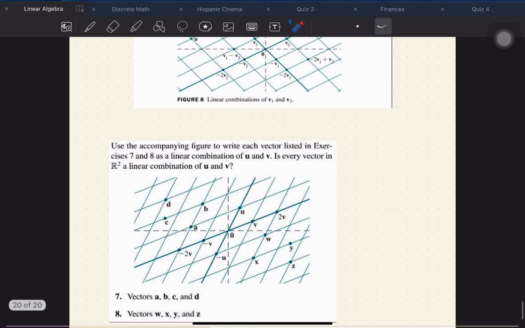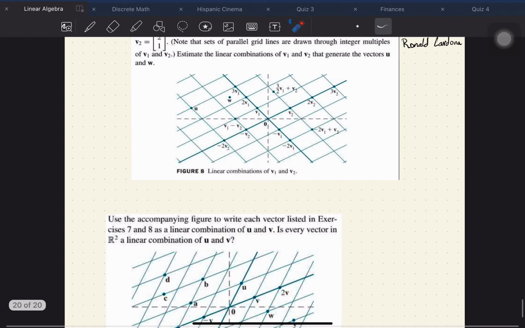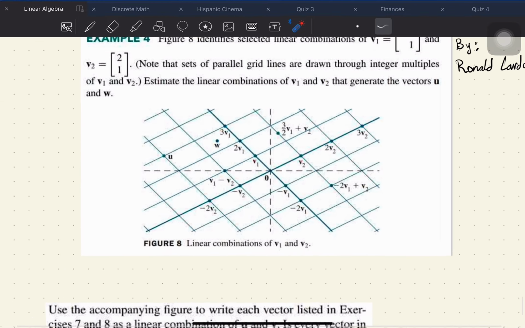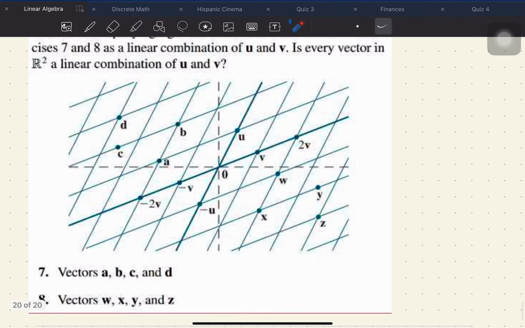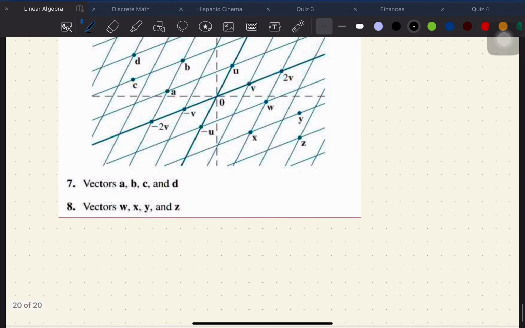Okay, so let's get into some examples. Based on the knowledge that I already explained to you guys about this graph, we're going to try and find, from question number 7, vectors A, B, C, and D. So let's get into it.